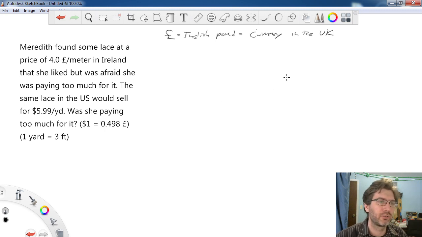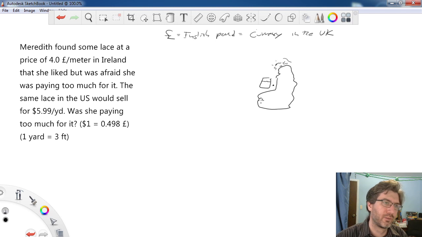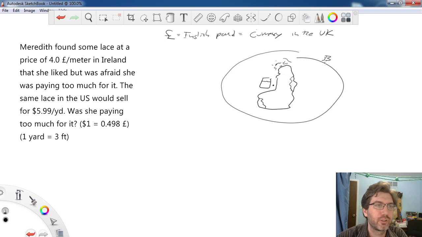Do you know your British Isles? If this whole thing is the British Isles, this is Ireland, this is Northern Ireland, which is part of the UK.